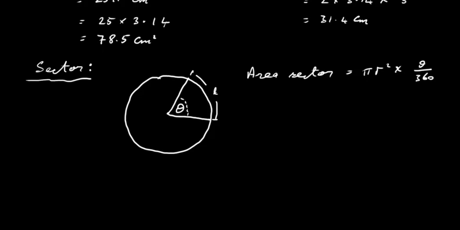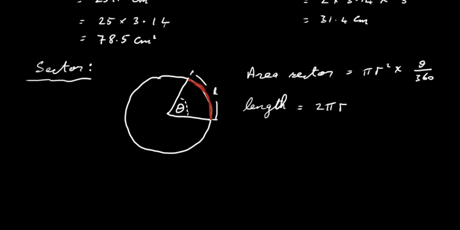Now, the length then, or the perimeter, well, we'll call it the length. This length here from here down to here is our L. So that L is going to be given by 2 pi r, which is the length from here all the way around to here.